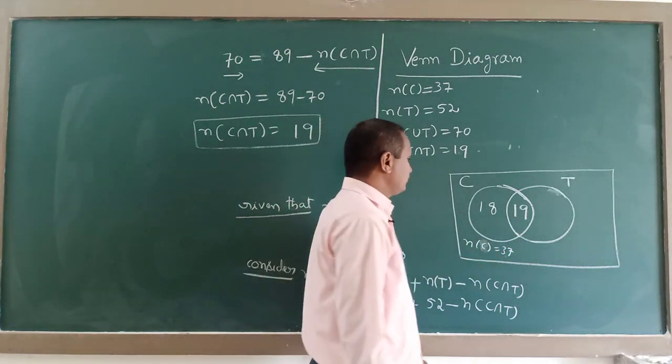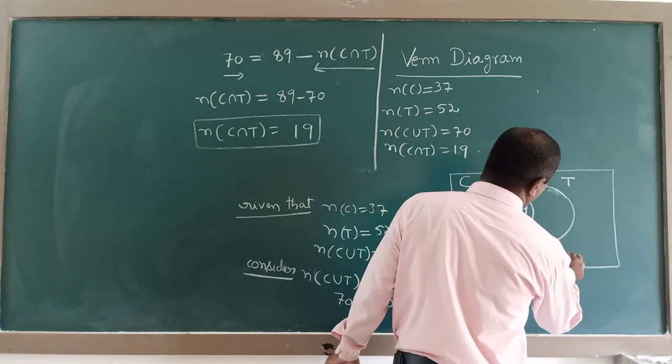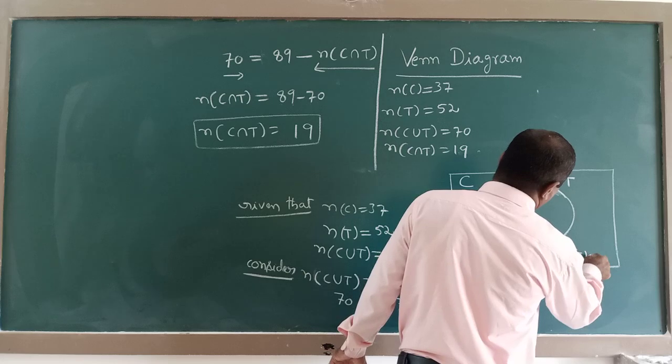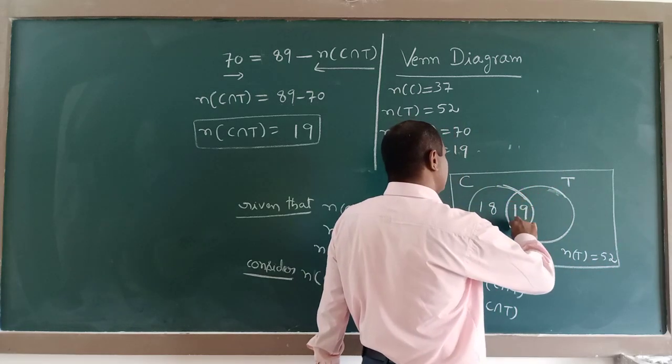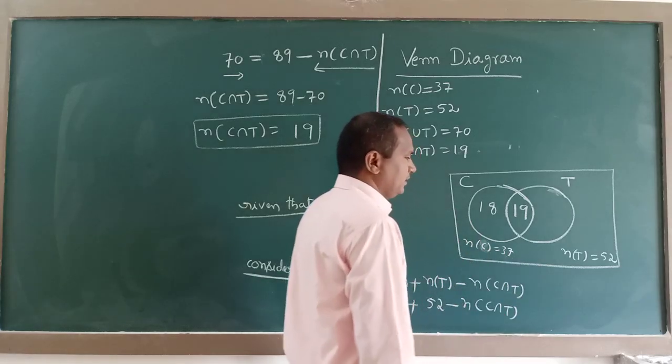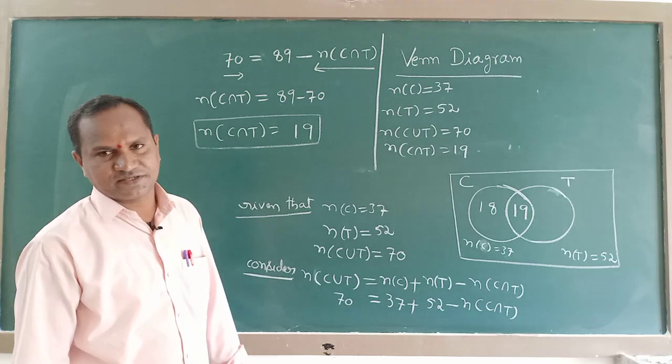Next, at the same time, we should write the elements for T also. n of T is equal to here 52. Already 19 elements are there in T, but remaining elements, how many will it come here?